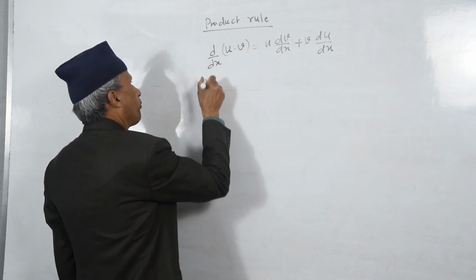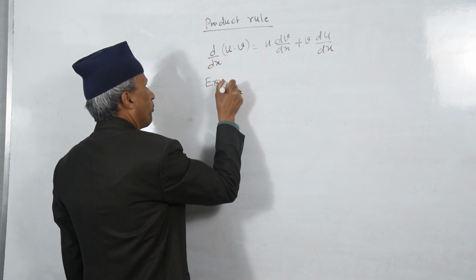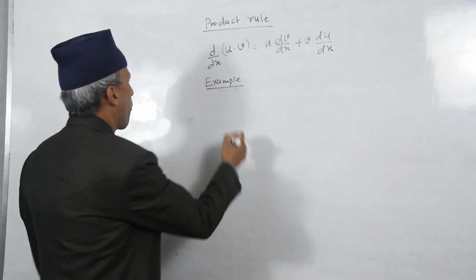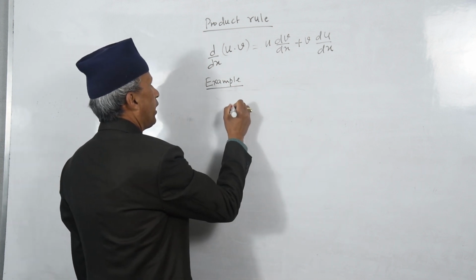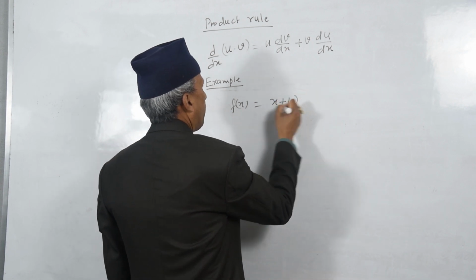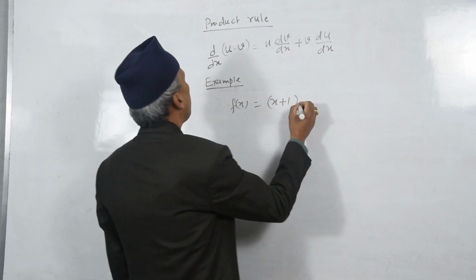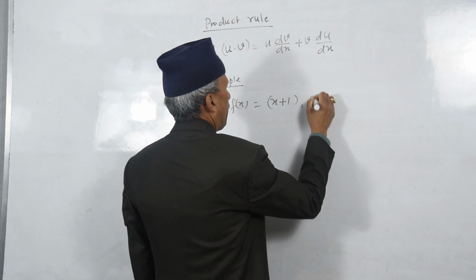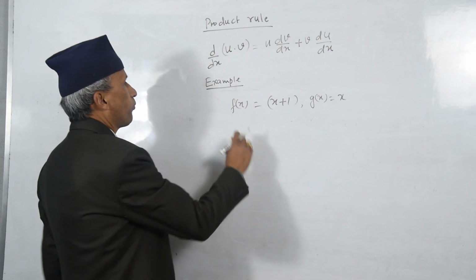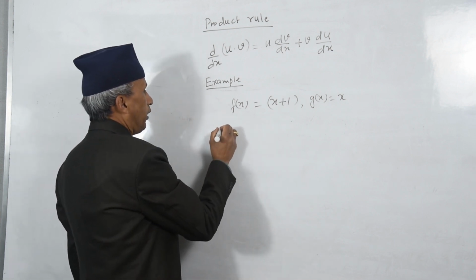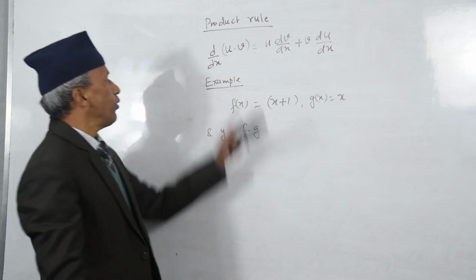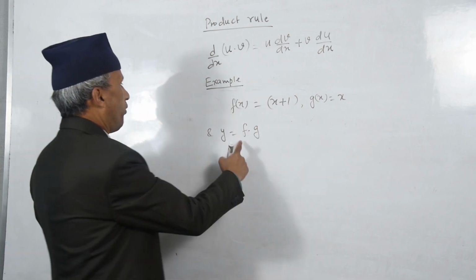For example, if you have a function, let's say f(x) is equal to x plus 1 and g(x) is equal to x. These are two functions. In this case, y is equal to f into g. So instead of u and v, I used f and g.